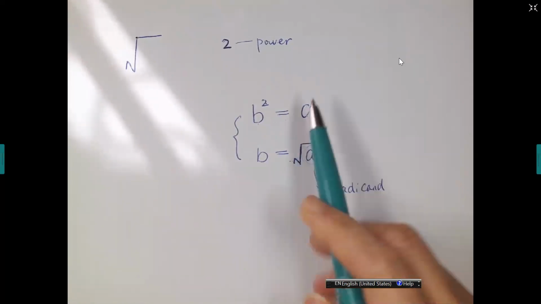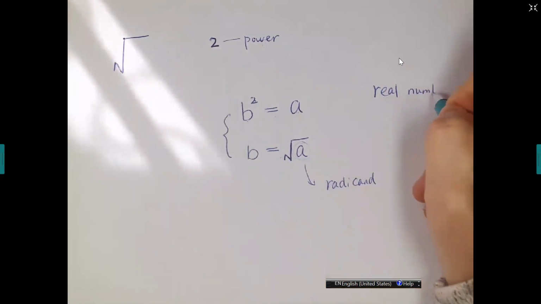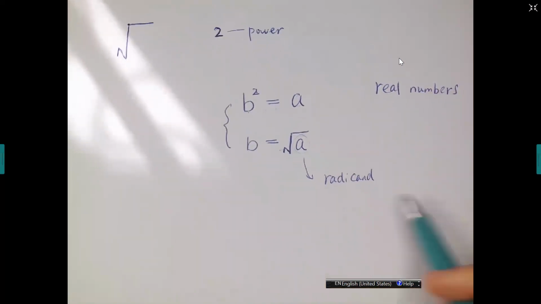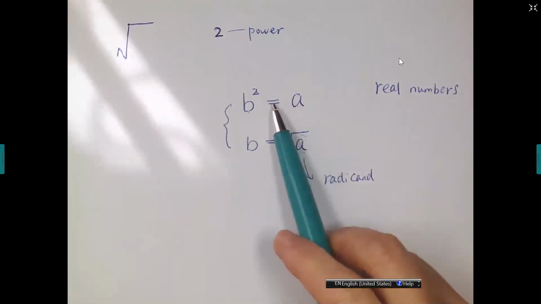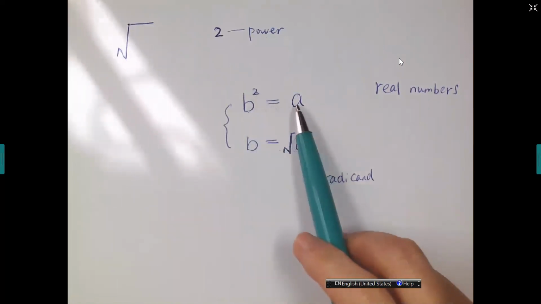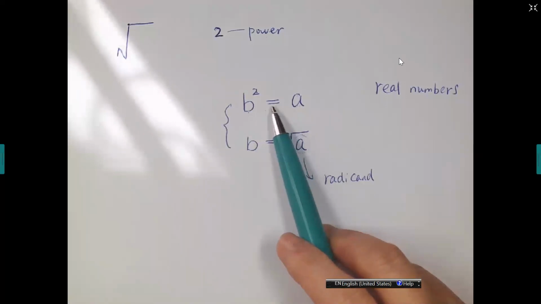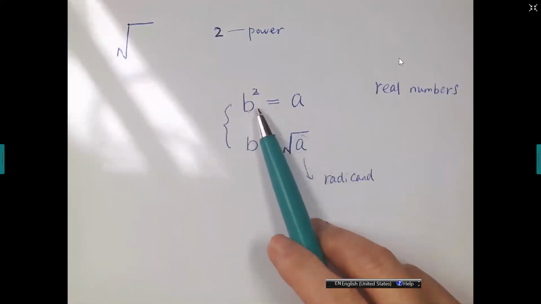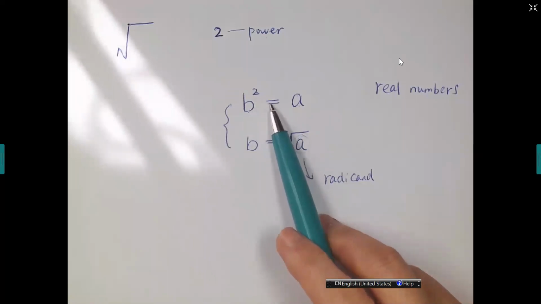So b and a are both real numbers. If a equals the square of b, then a can never be a negative number. It can be 0 when b is 0. And if b is not 0, then the square of a non-zero number is always a positive number.